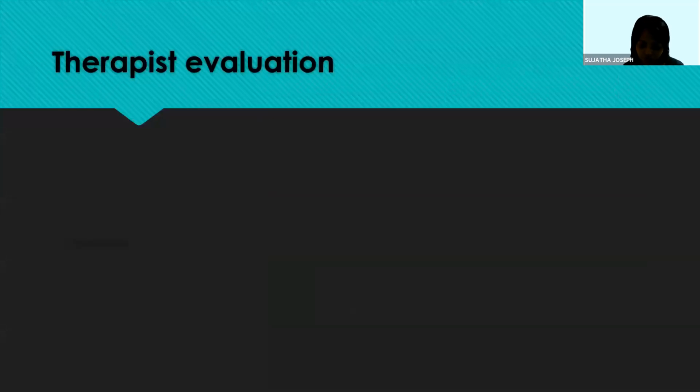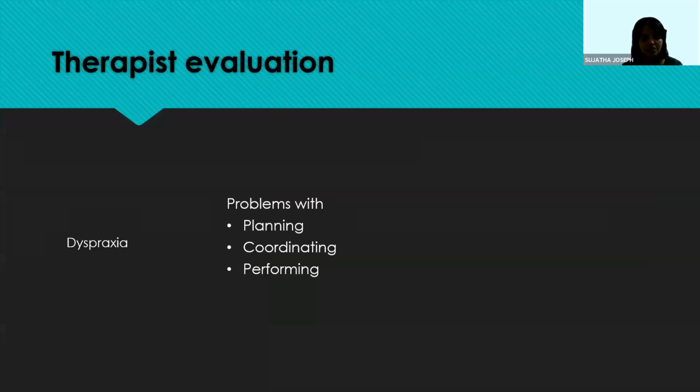So the therapist was called and said she's having dyspraxia. Dyspraxia is a partial problem with planning, coordinating, and performing any skill which has already been performed by the person. Apraxia is a complete problem of the same, whereas in dyspraxia the patient has a partial problem of the same component.